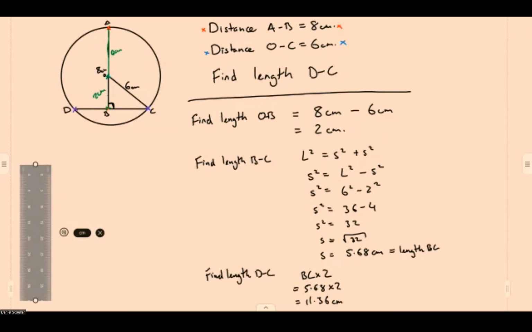Daniel, I think my calculator's not working right. When I did the square root of 32, I get 5.66 instead of 5.68. I'm just hitting square root 32 and it says 5.656854.